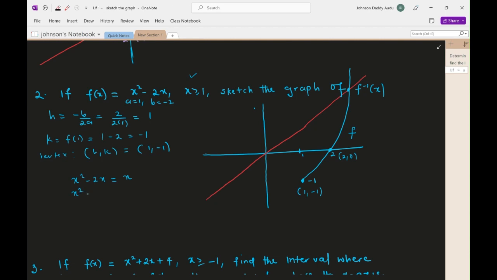So you're going to have x squared minus 3x equals 0. So this would be x times (x minus 3) equals 0. So it means at x equals 0, and at x equals 3.